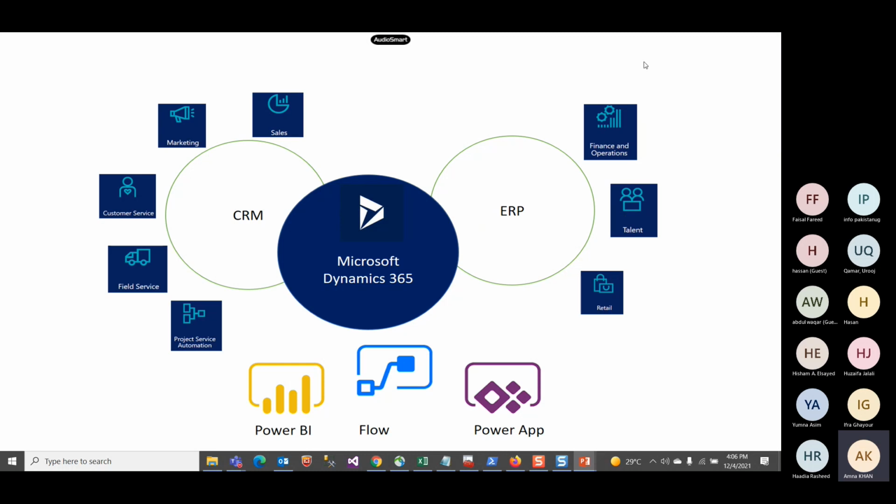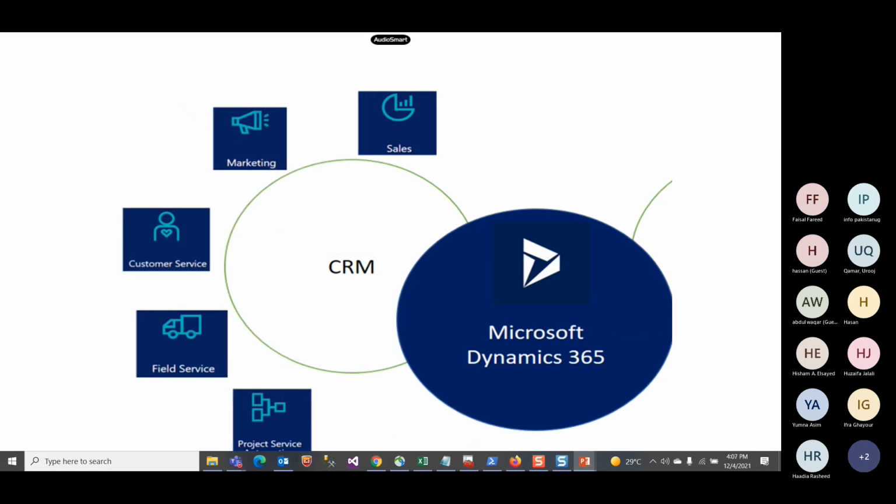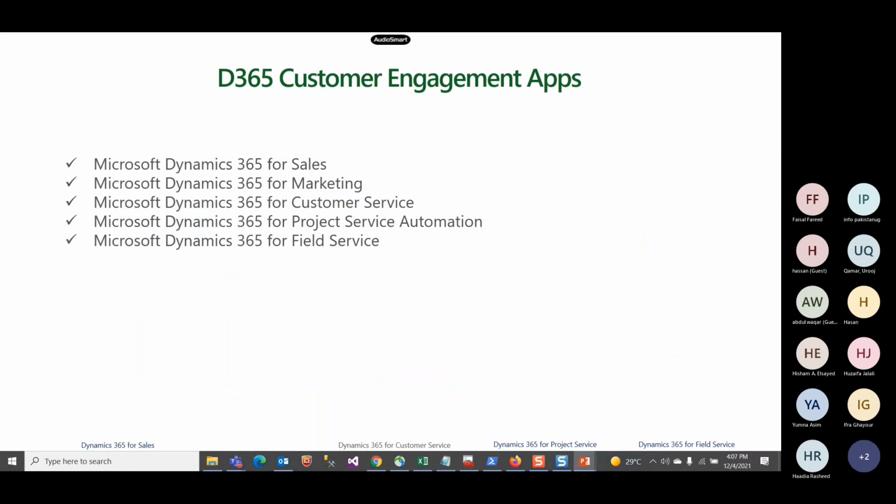A part of it was already covered in the last session. So today, the main focus is customer engagement and its 5 basic applications: sales, marketing, customer service, project service automation, and field service.